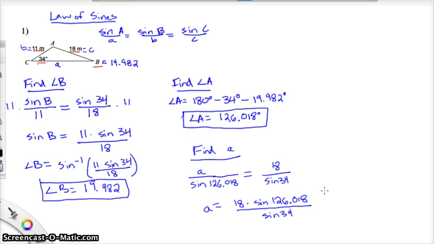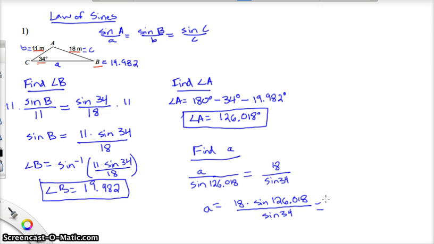And then I just enter this in the calculator. Notice here I'm solving for a side length, so I do not need to use the inverse sine button. I'm just going to enter 18 sine of 126.018, and I'm going to divide that by the sine of 34.